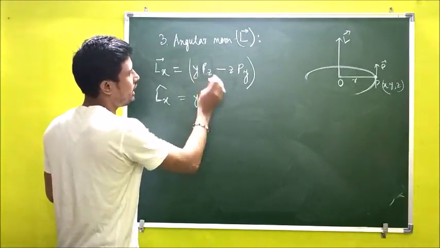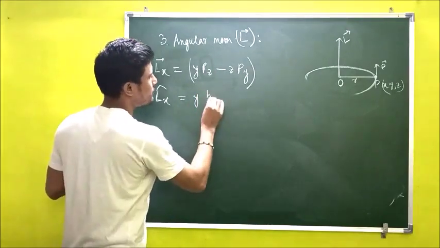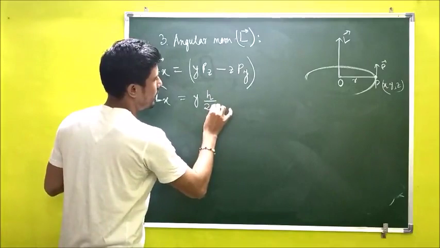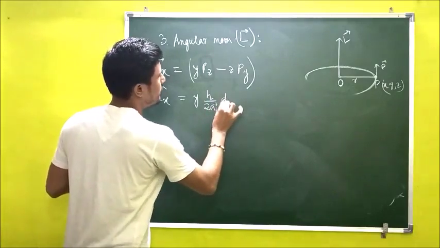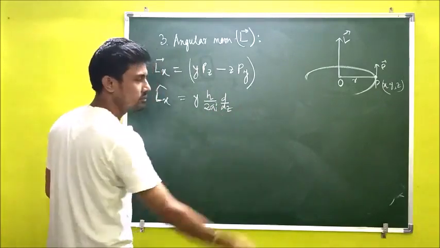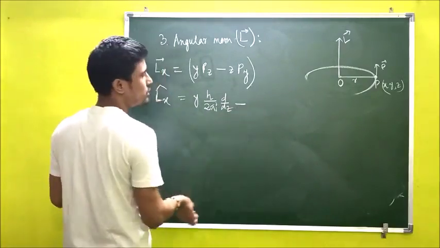For pz, the operator is h/2π into 1/i times ∂/∂z.